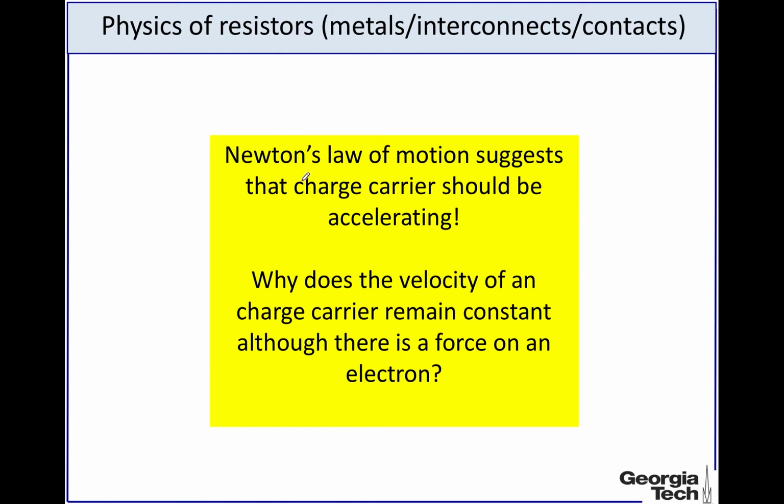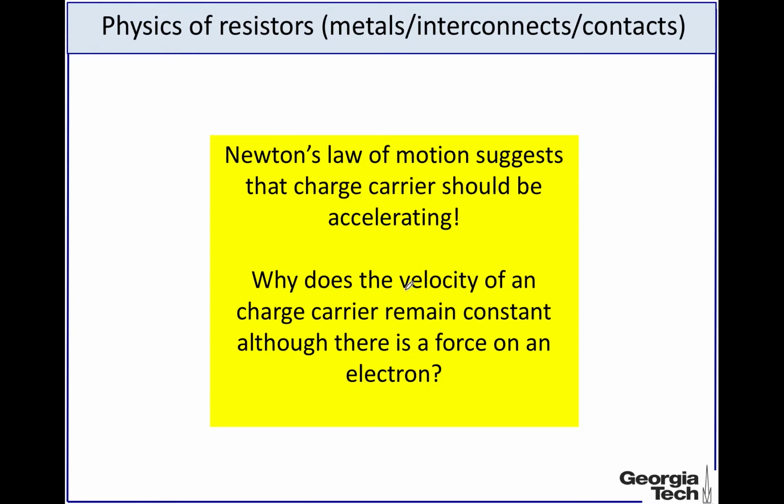So the question is that Newton's law suggests that the charge carrier should be accelerating. Basically, if you have a voltage applied across a metal, there should be an electric field, and that electric field would apply a force on the charge carriers, and as a result the charge carrier should be accelerating, meaning that the velocity should have increased with time.